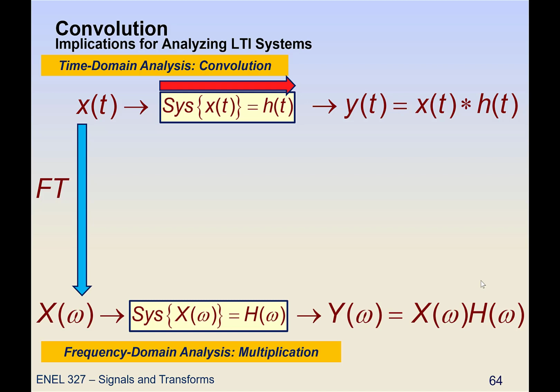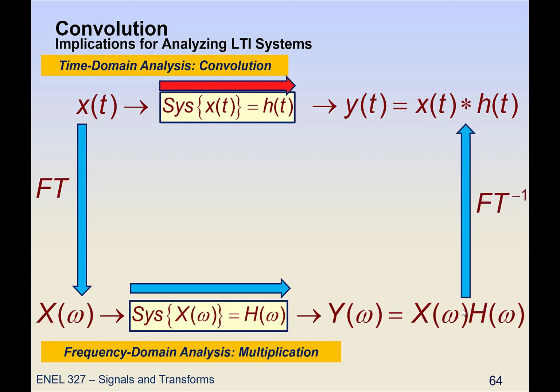I can find the impulse response and find its Fourier transform. Then I just find the output via multiplication, and then do an inverse Fourier transform to find what that output is in the time domain. Now, it may seem like a longer path, but it might actually be quite a bit easier because you don't have to do a convolution.